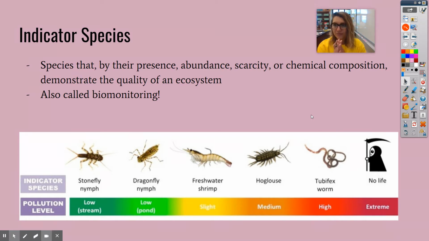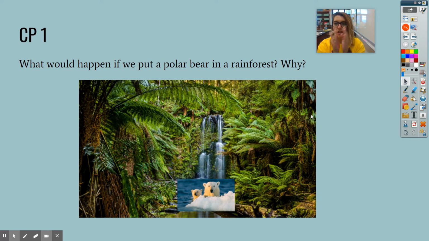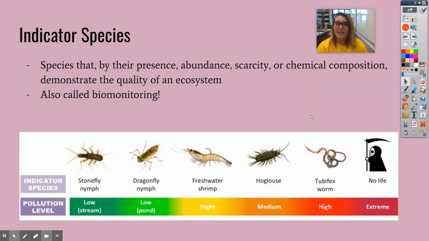Okay, so that's ecological tolerance. Going back to the polar bear, it only has a specific range of temperature it can survive in. Knowing this, we can use ecological tolerance to measure the health of different environments. We have these things called indicator species. These are species that, by their presence, abundance, scarcity, or chemical composition, demonstrate the quality of an ecosystem.